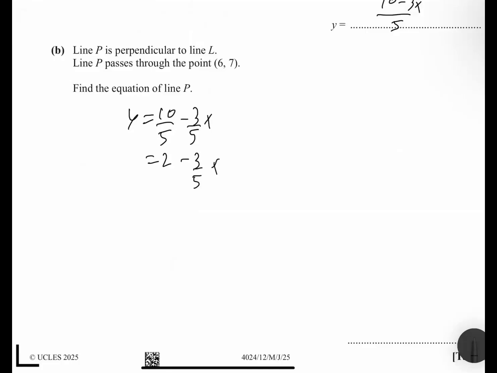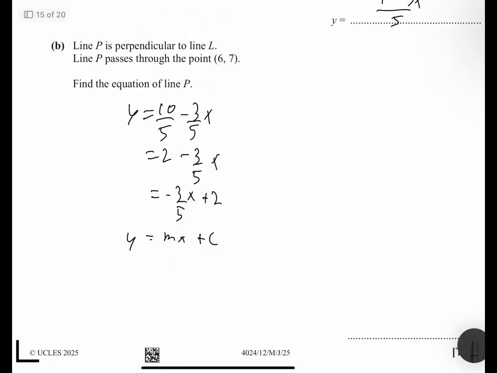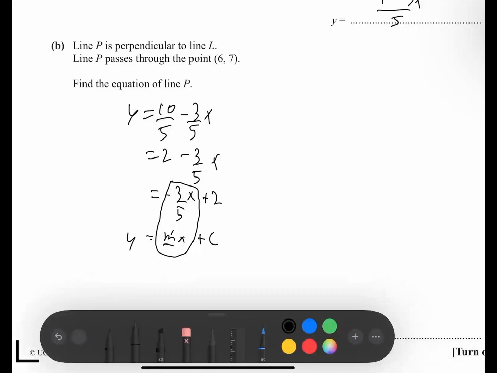Now, if you look at the equation, we can rearrange this into minus 3 by 5 x plus 2, right? So y is equal to mx plus c. That's the equation of a line. M is the gradient. Now, if we look at this, we can clearly tell that minus 3 by 5 is the gradient by looking at the equation.